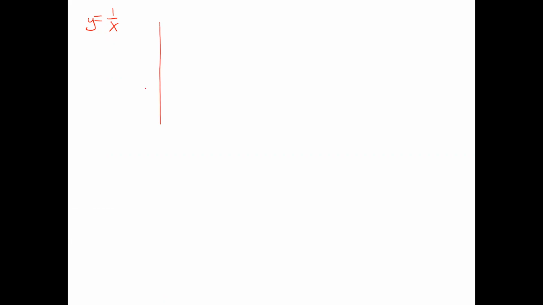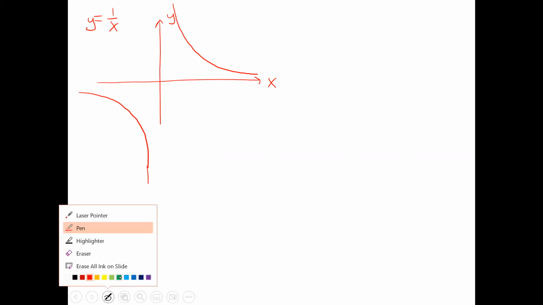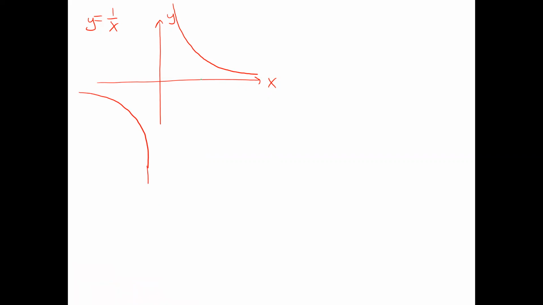First of all, we need y and x axes, arrows in one direction. The function 1 over x looks like a hyperbola in the first and the third quadrant. We are just focusing on the point, let's use green, the point (2, 1/2).